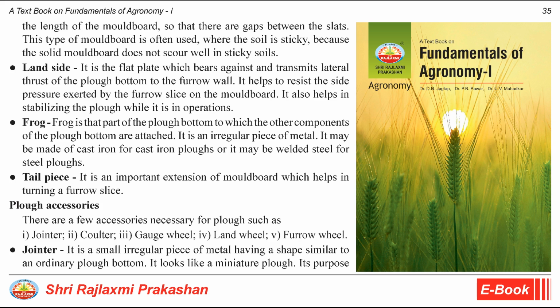Plough accessories. There are a few accessories necessary for plough such as 1. Jointer, 2. Coulter, 3. Gauge wheel, 4. Land wheel and 5. Furrow wheel. Jointer. It is a small irregular piece of metal having a shape similar to an ordinary plough bottom. It looks like a miniature plough.